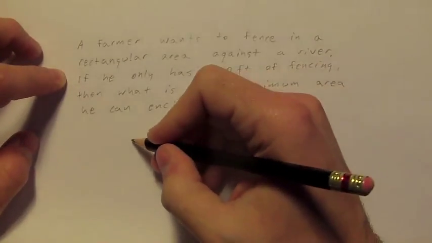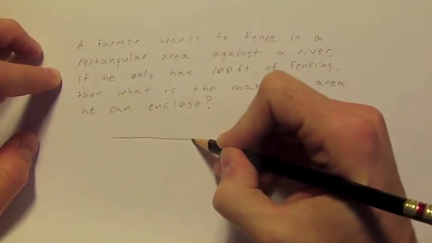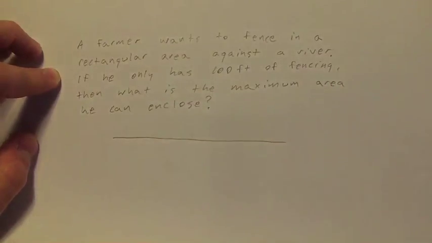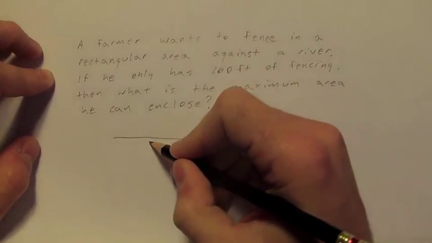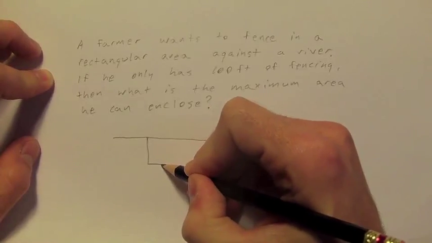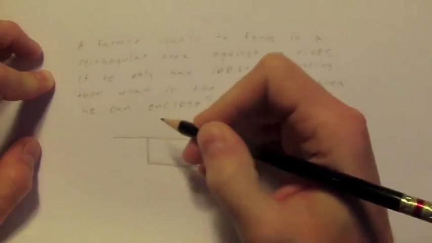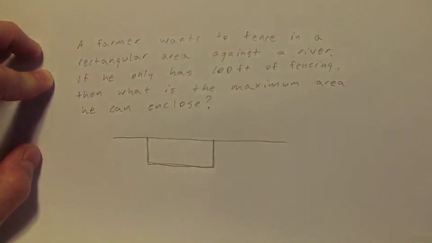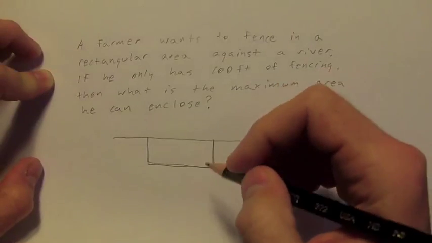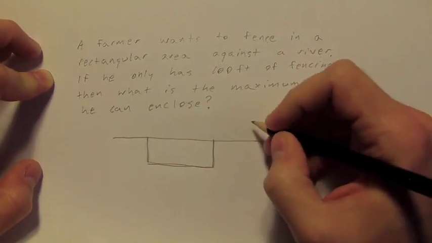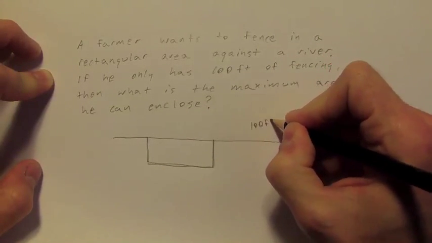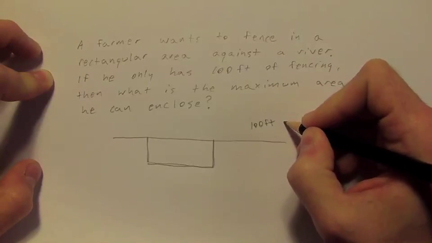We have the river. Let's assume it's a straight line. And then we're going to enclose a rectangular area against the river. You could also set up this problem against a barn, against whatever. And we only have 100 feet of fencing.